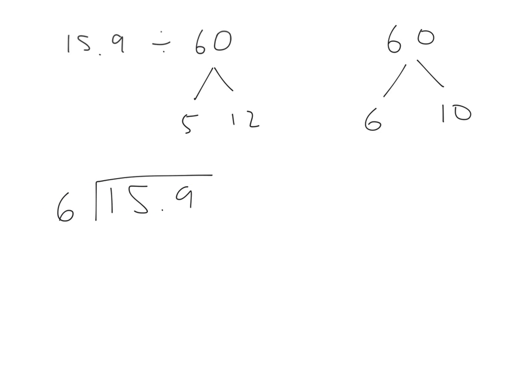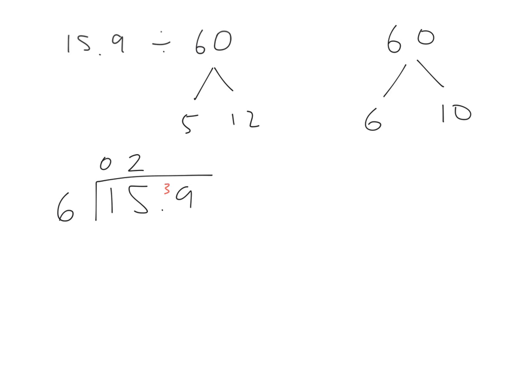So 1 divided by 6 doesn't work, so we'll go and ask the question, how many times does 6 go into 15? And we know that 6 goes into 15 at least twice. 6 times 2 is 12, so 15 minus 12 is 3, so the remainder goes on the next place value.